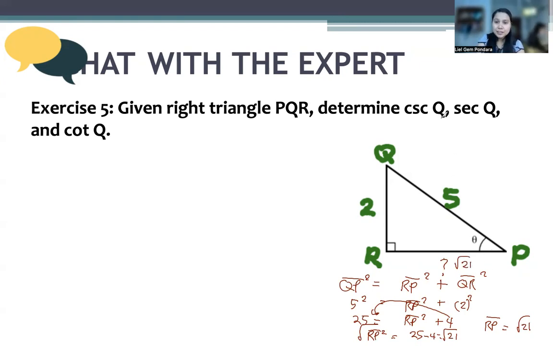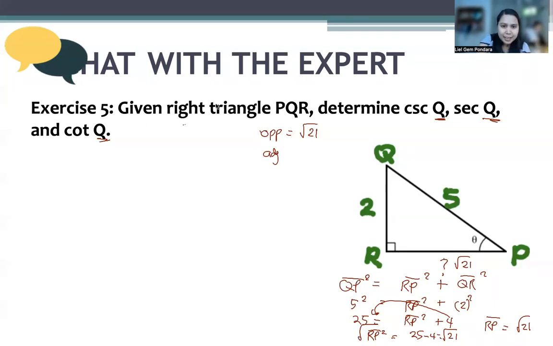Now we need to determine all the functions for Q. In the chat box, can you help me? What is the opposite side of angle Q? RP, that's square root of 21.